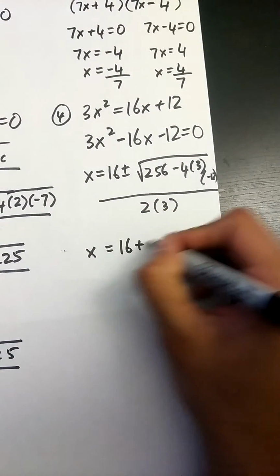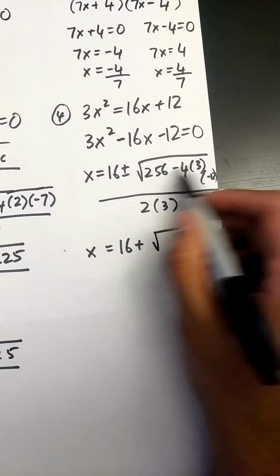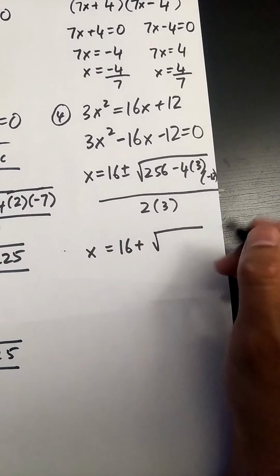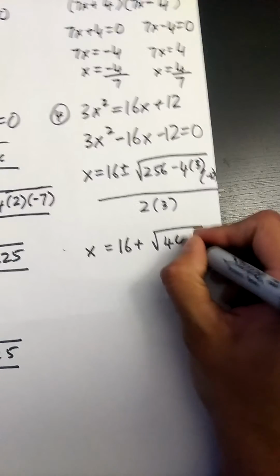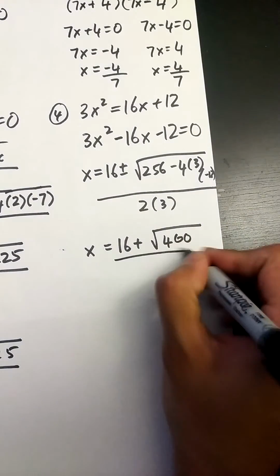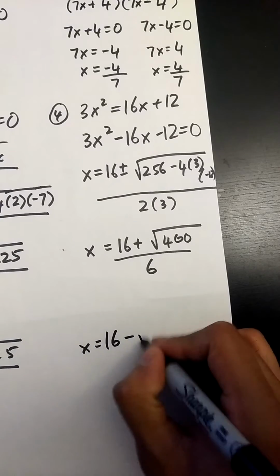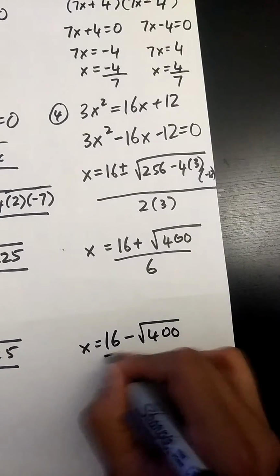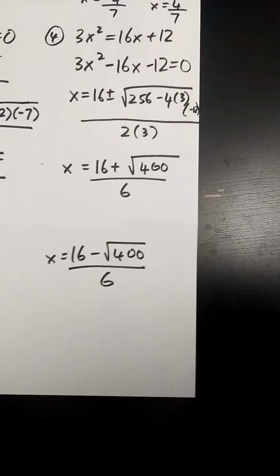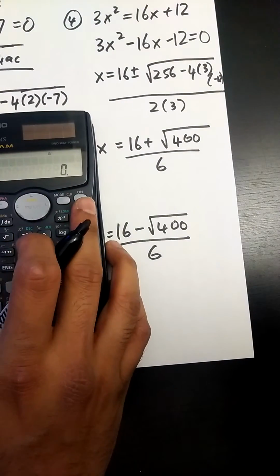So 16 plus square root. I'm going to put the inside in my calculator, and I get 400. My second solution is the same thing, 16 minus root 400 over 6. Again, I'm going to put these in my calculator.